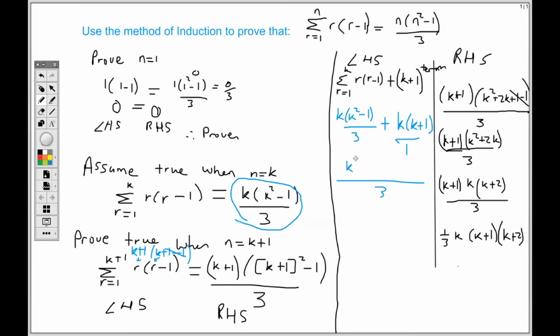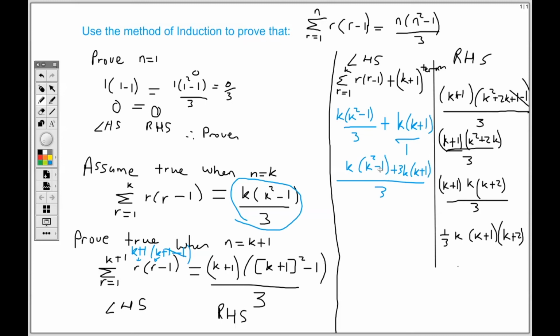So 3 into itself goes 1 times, I just get back the numerator, which is what I'm writing. And then the next side, 1 into 3 goes 3 times, so multiply this by 3. I will have 3k times k plus 1. Not 3k times 3k plus 3. No, 3k times k plus 1.